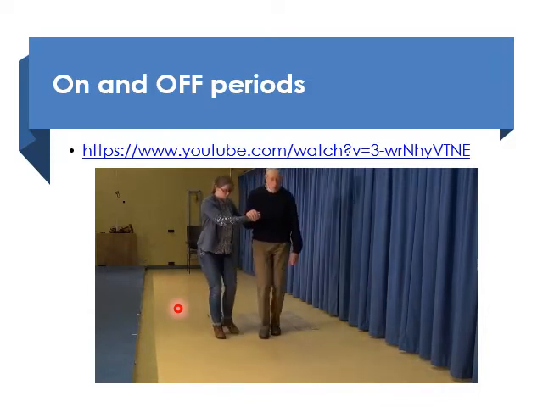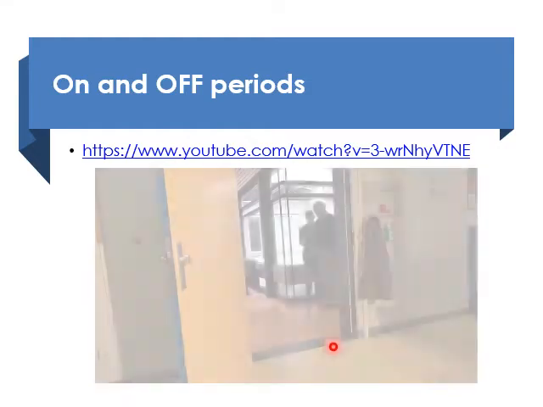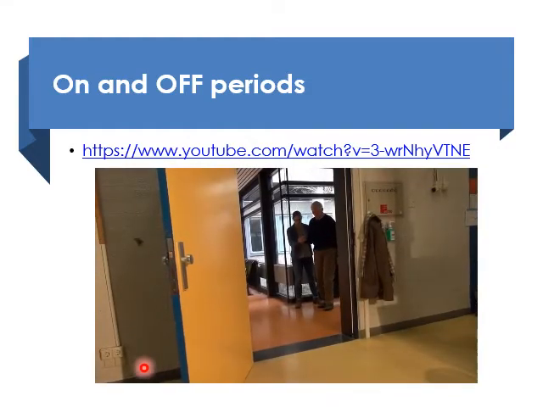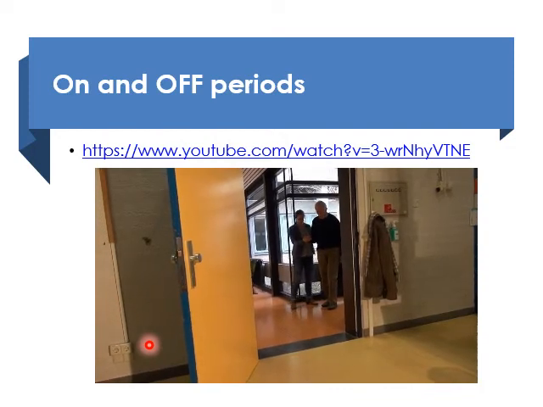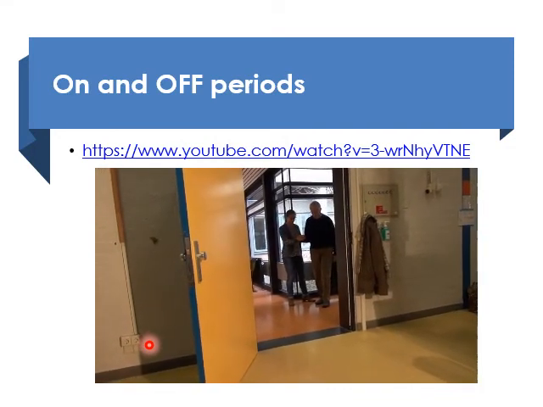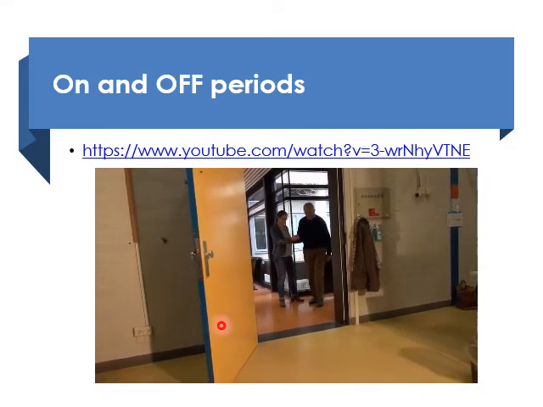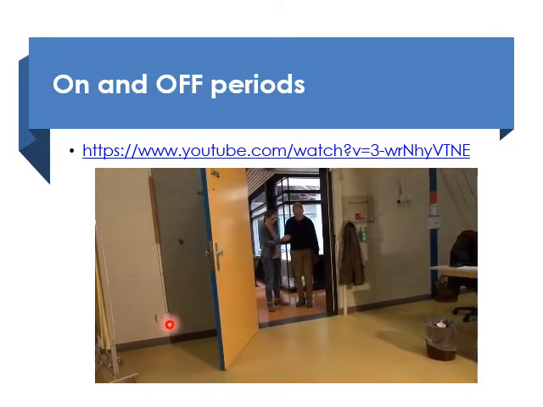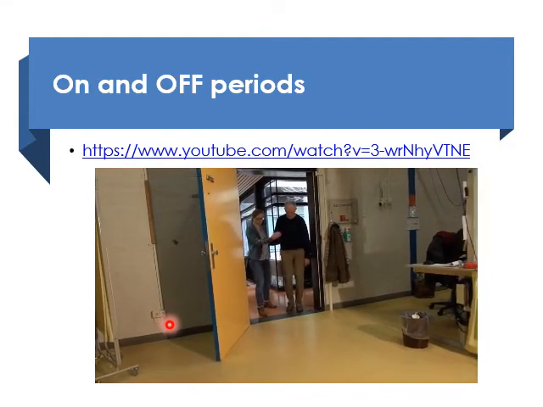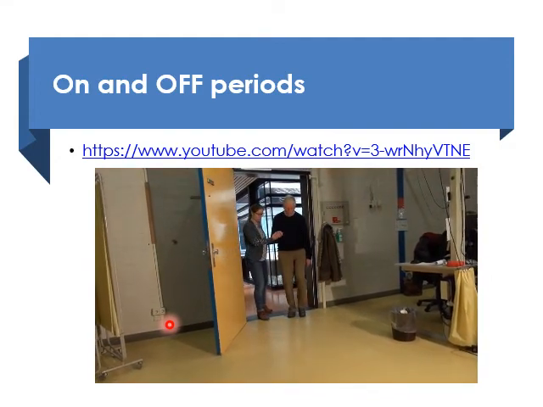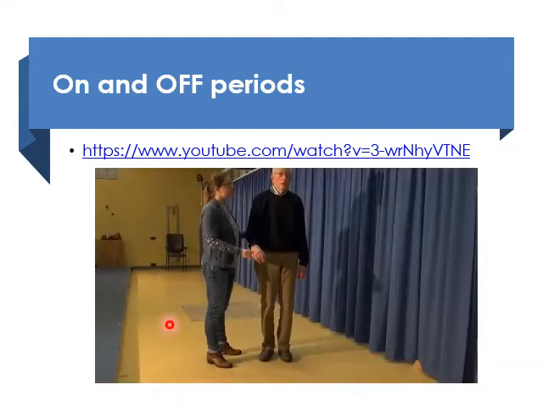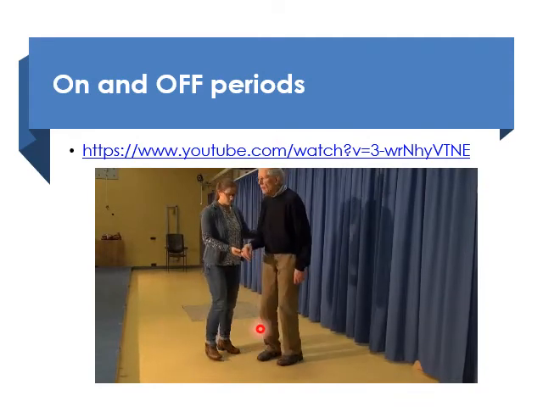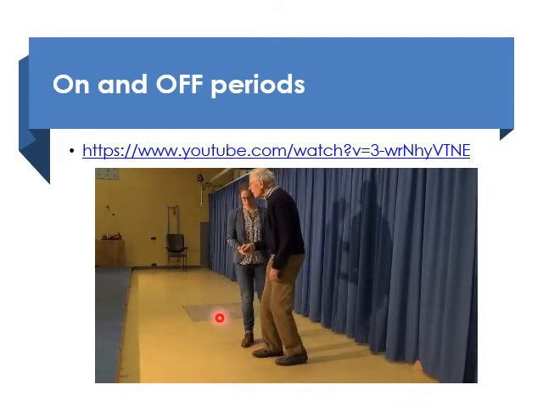The patient takes very small, shuffling steps in his gait. There is also freezing of gait while walking through a doorway, and we also notice freezing of gait during rapid turning on the spot.